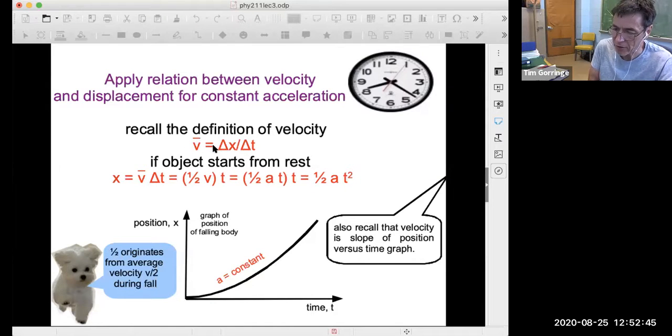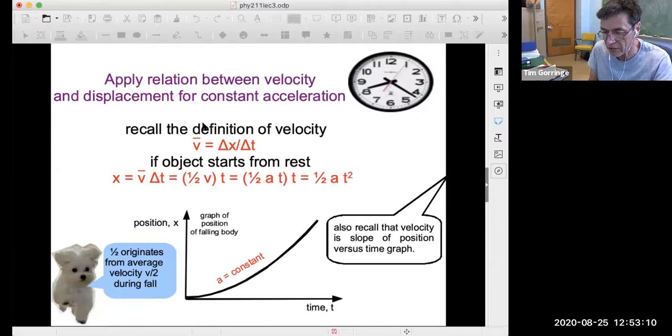So just like on the previous slide, we used the relationship between acceleration and velocity to find out the consequences for velocity of constant acceleration. In this slide, we're going to figure out the consequences for displacement due to linearly increasing velocity based on our definition of velocity. So here's our starting point.